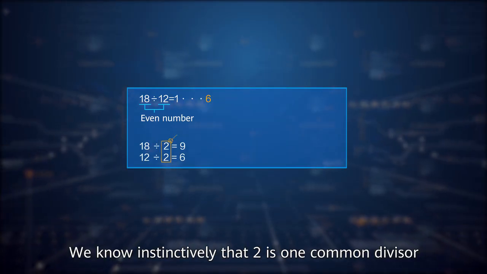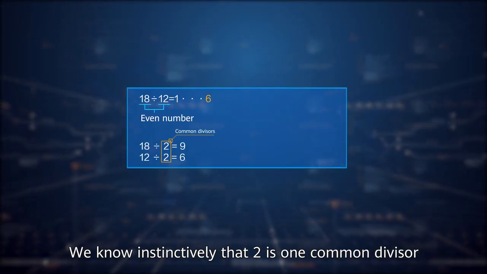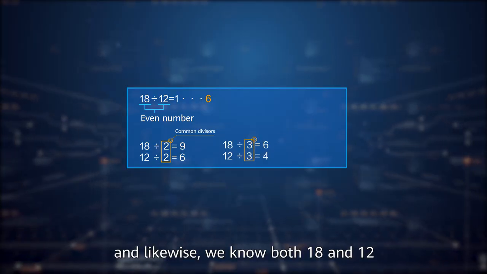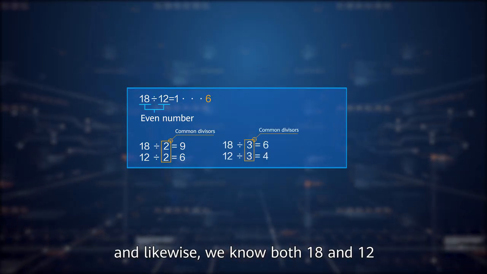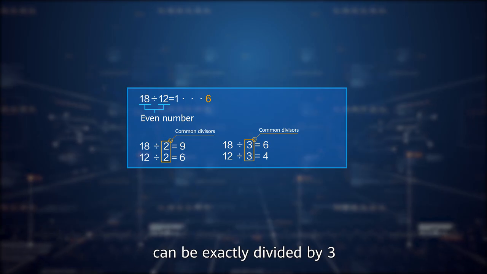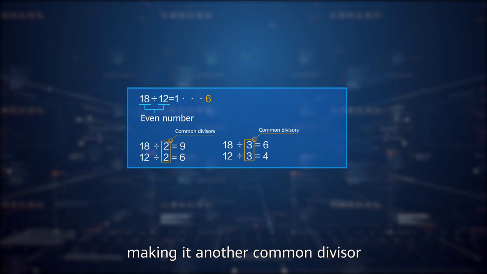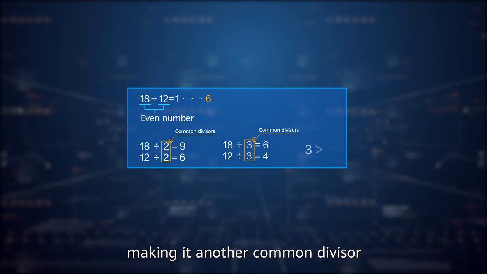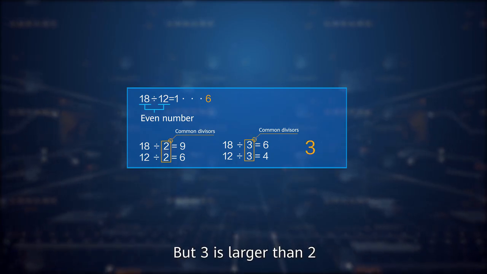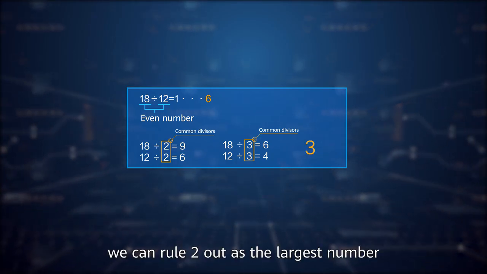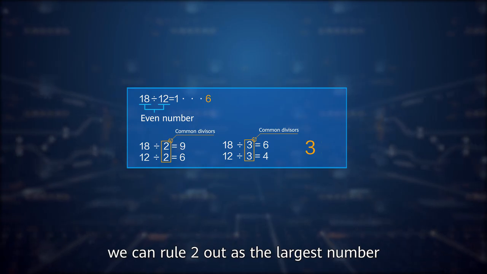We know instinctively that 2 is one common divisor, and likewise, we know both 18 and 12 can be exactly divided by 3, making it another common divisor. But 3 is larger than 2. We can rule 2 out as the largest number.